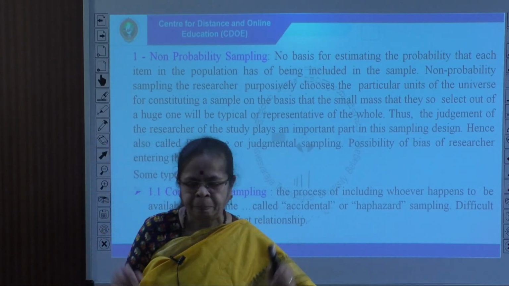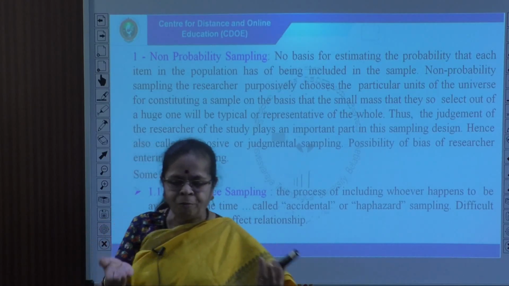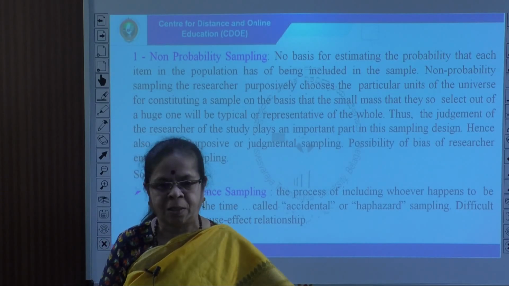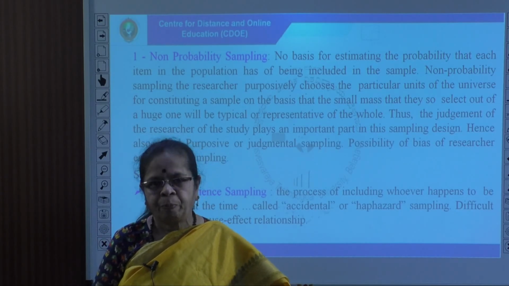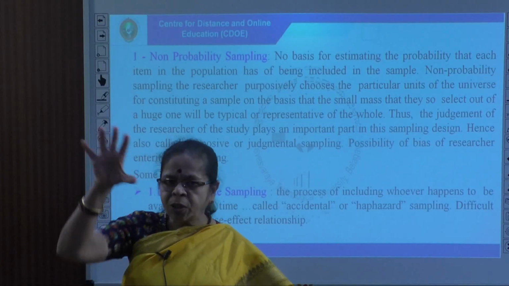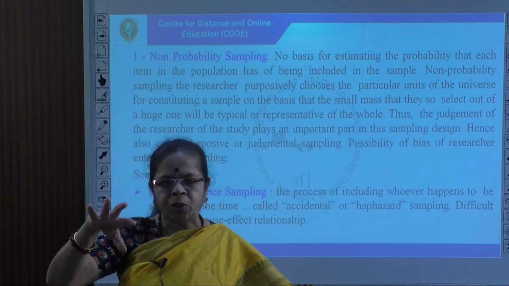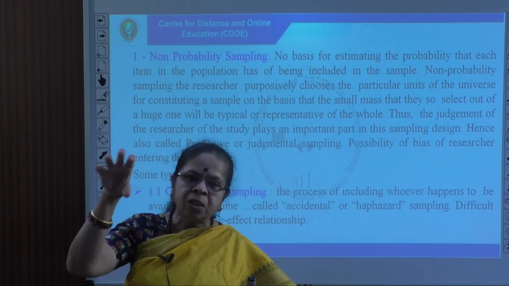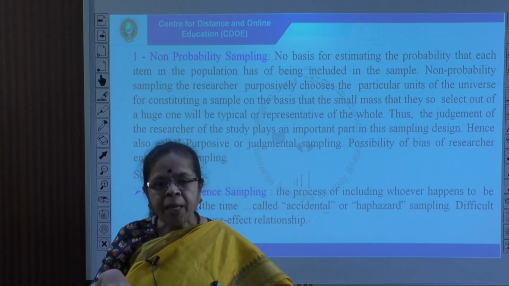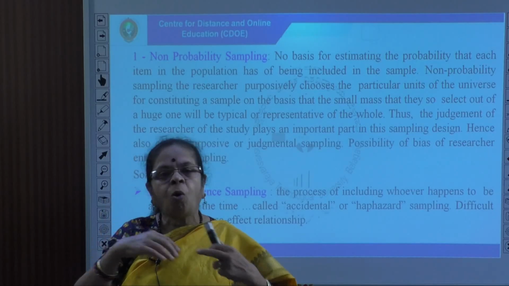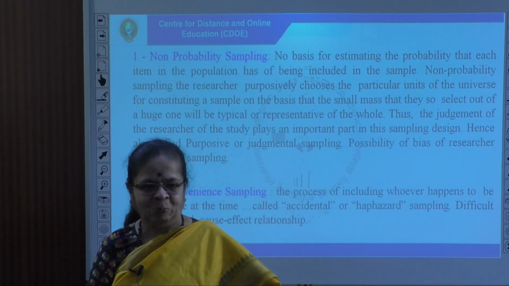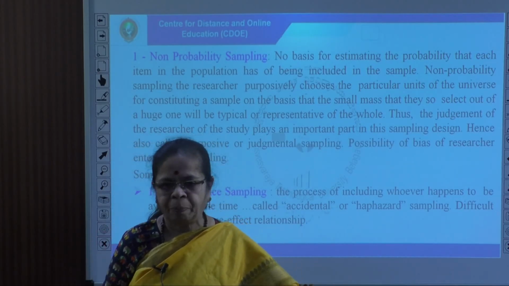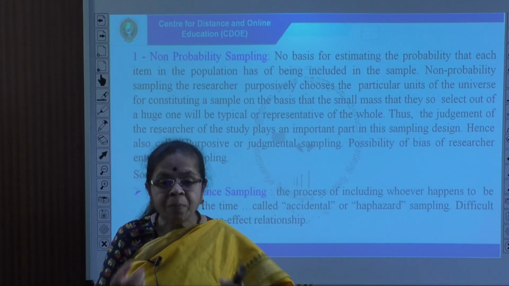What does this mean? Let us say I want to take students of 6th class for study. I choose some schools out of my knowledge, because I know that these schools which I choose for study represent all the schools in my city. That is the meaning of this statement.